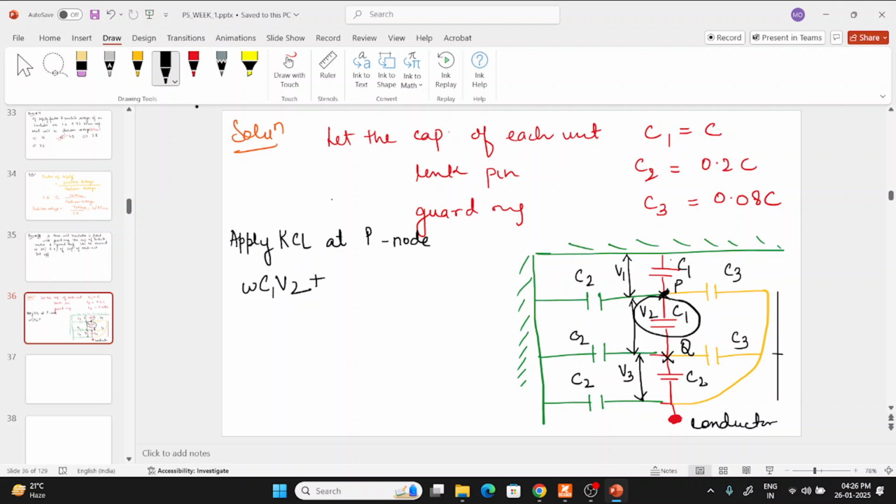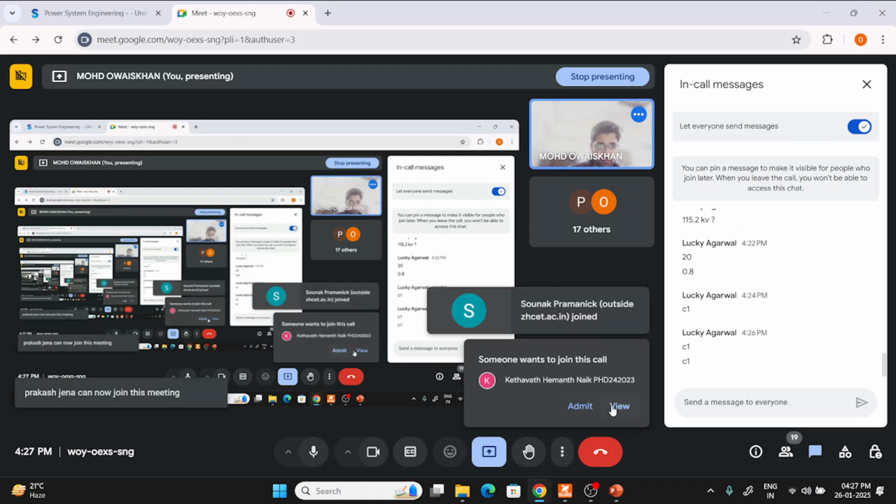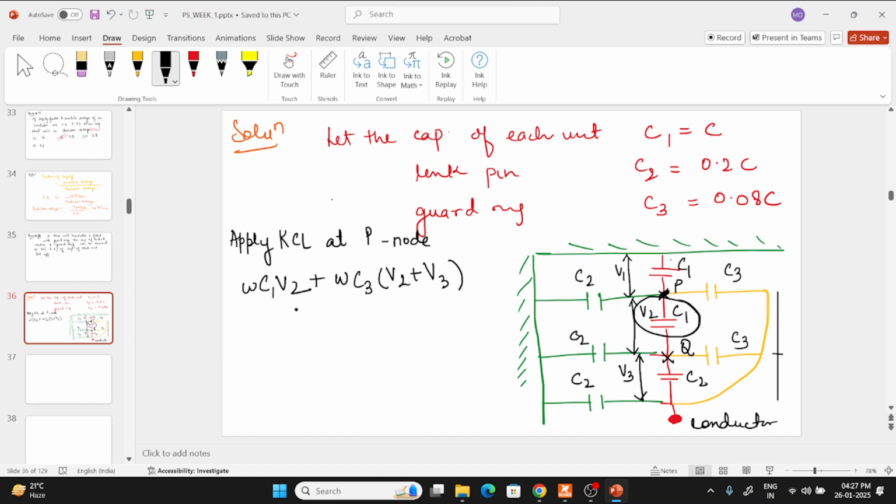Okay, these two voltages. So omega C3, now V2 plus V3, because across the C3, the voltage difference from here to here is V2 plus V3.